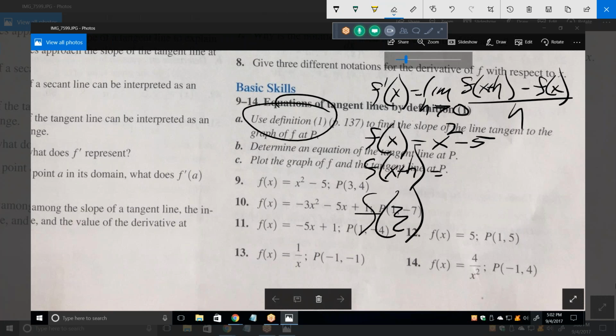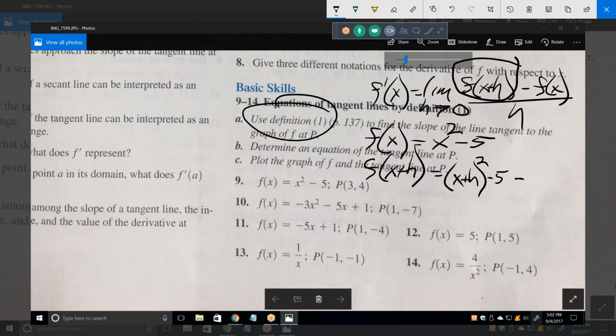Well, we're doing a little more complicated than just the number 3. We're going to substitute x plus h. So this becomes x plus h squared minus 5. Okay, that's what that is. You with me? Now we got to subtract f of x.